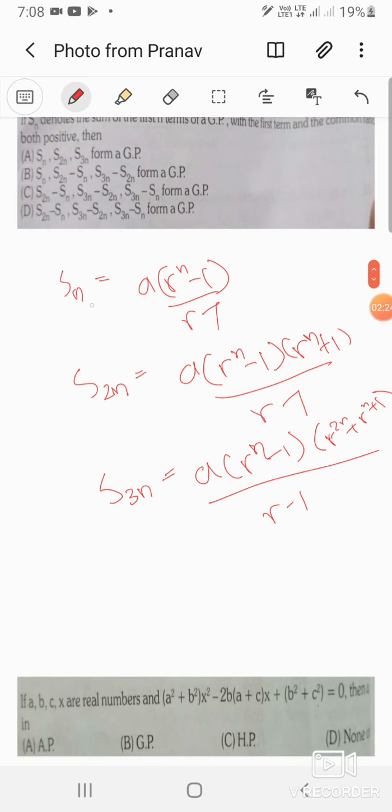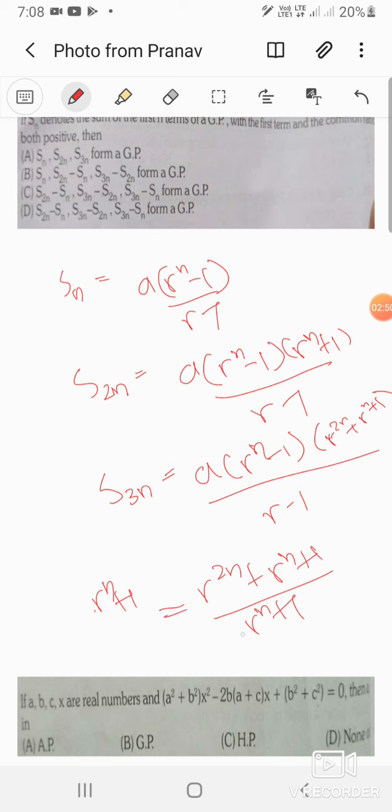So from Sn to S2n, what's the ratio? That is supposed to be r to the n plus 1. And from S2n to S3n, what's the ratio? That is, I think, r to the 2n plus r to the n plus 1 upon r to the n plus 1. So are these things equal?